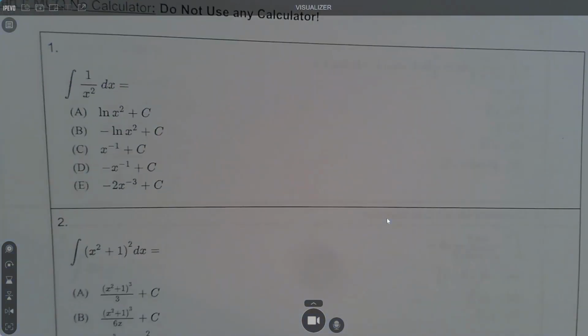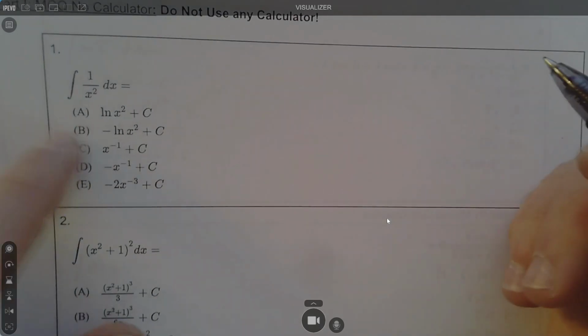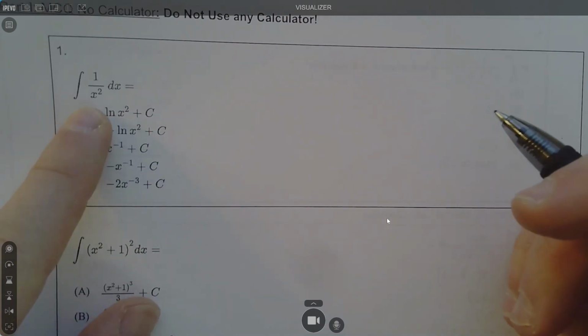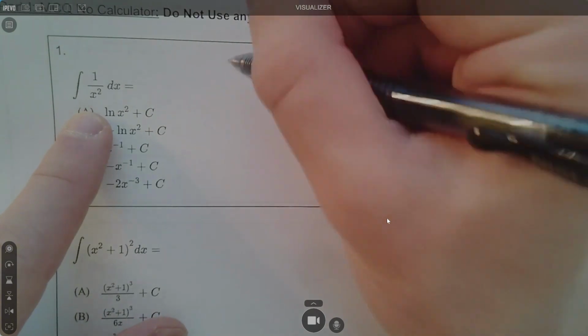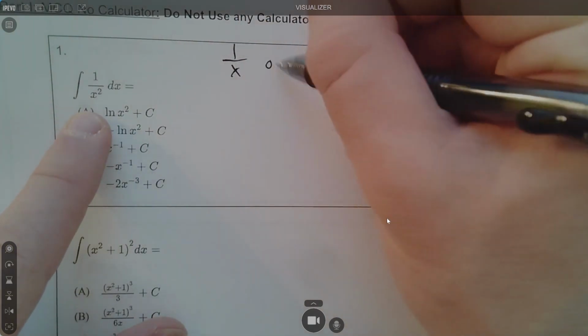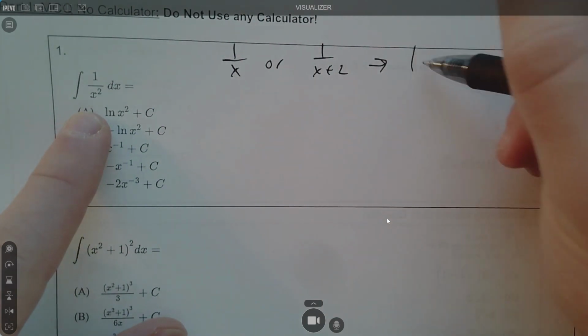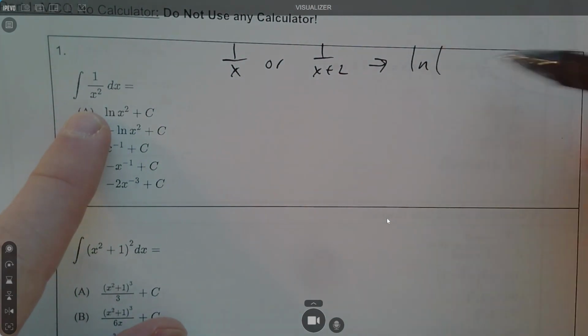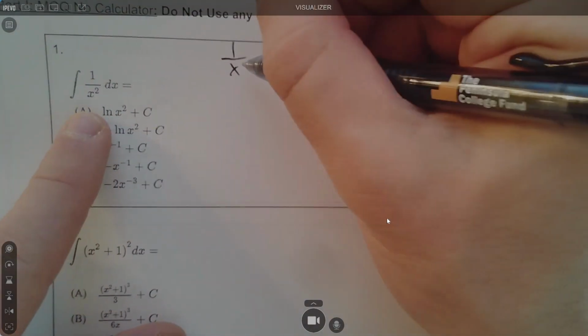Okay, so you're gonna get some on the test. You'll get some relatively straightforward integrals like this, 1 over x squared. I think the most common mistake here is people jumping to thinking this is ln. So I want to make this really clear that if you have something like 1 over x or 1 over x plus 2, those are going to be ln antiderivatives, because the power on the bottom is 1.